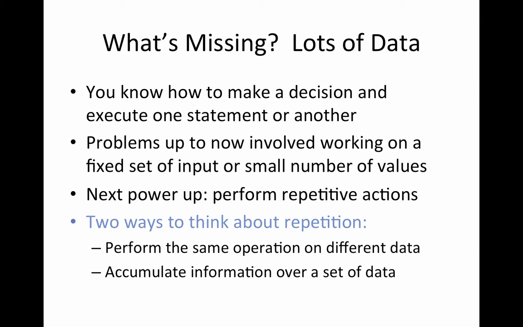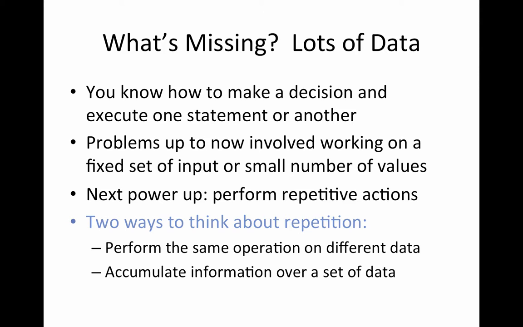There are two ways to think about repetition. One is that we perform the same operation on different data. The other is to accumulate information over a set of data. For example, assume that you read lines of text from a file and then you check something for each line.